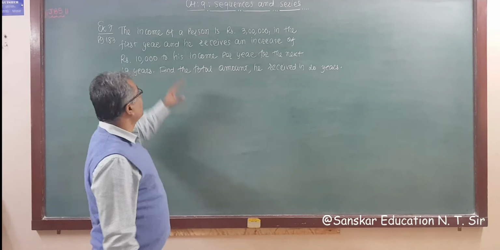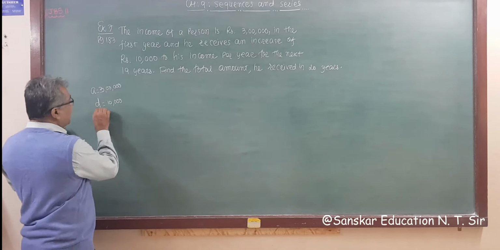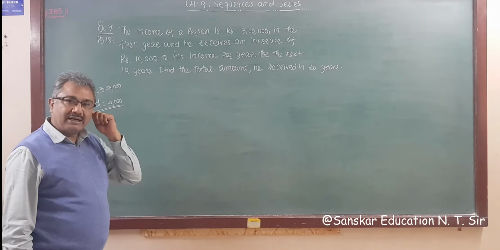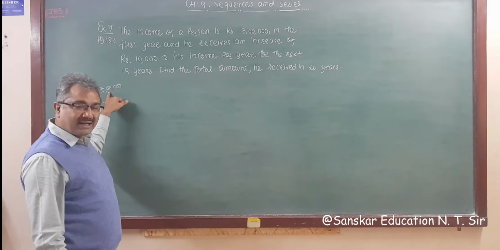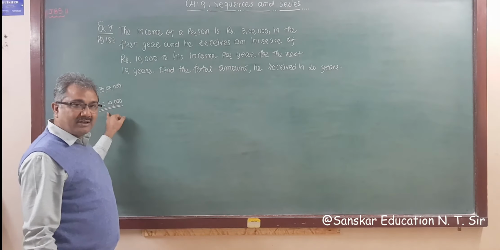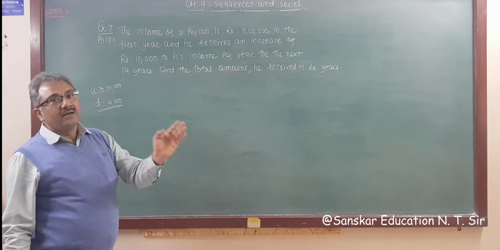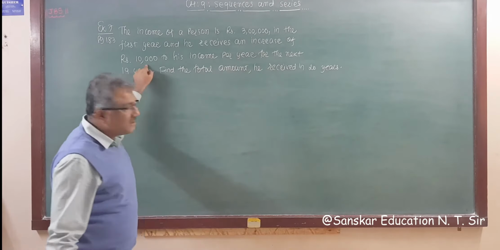So what is given? The given data is in AP because of the constant increase of 10,000, that is D. If we take the initial salary as 3 lakh, then the constant increase is D. D is constant. Each and every year he gets an increase of 10,000 rupees.